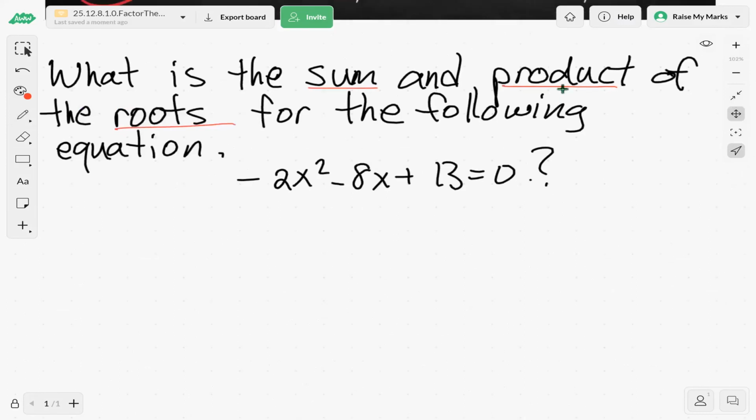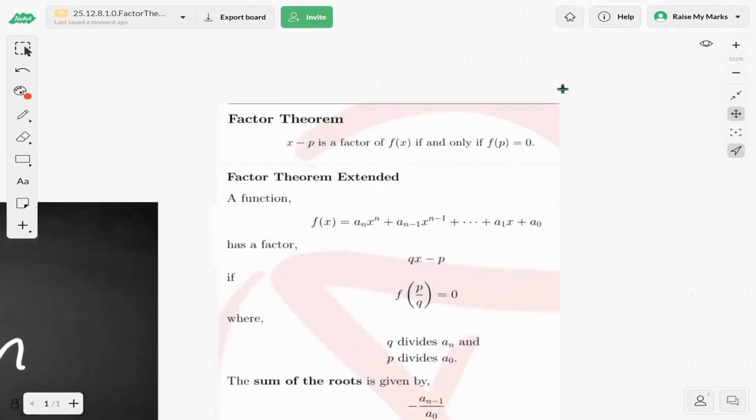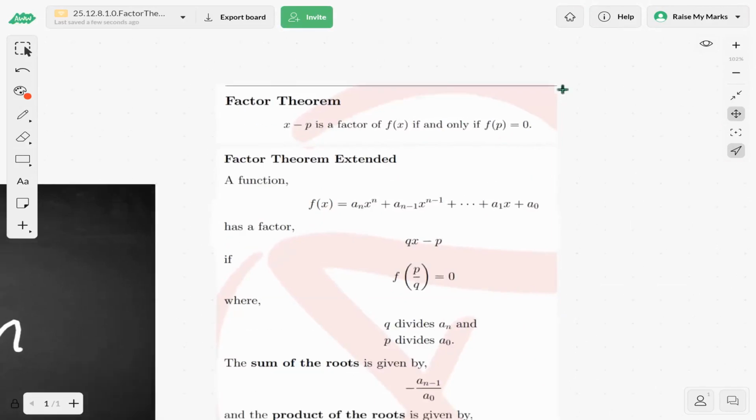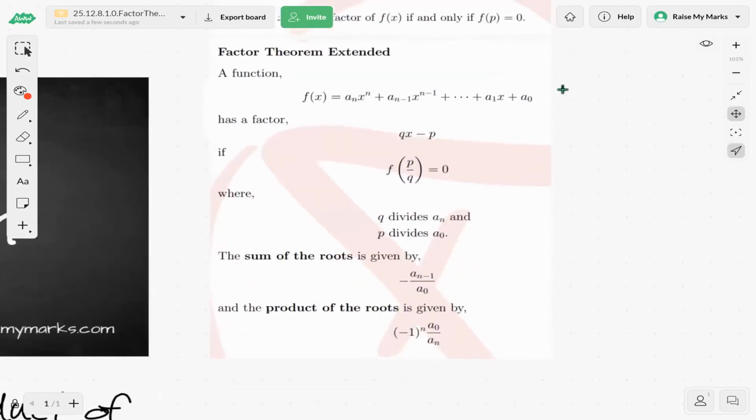So let's have a look at a statement of the factor theorem. The factor theorem says x minus p is a factor of f of x if and only if f evaluated at p equals 0. Now the extension of the factor theorem is what we're going to need here. So we have a function f of x that has this form. If you notice, this is the form of a general polynomial.